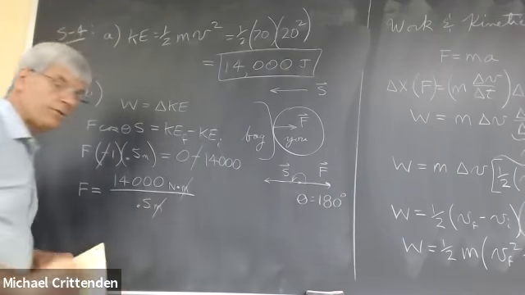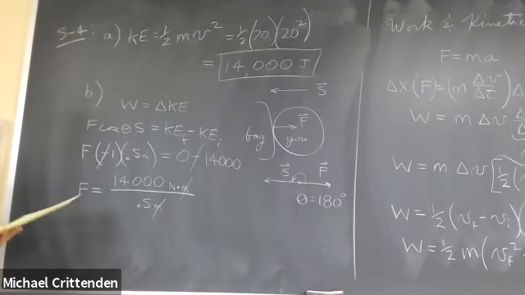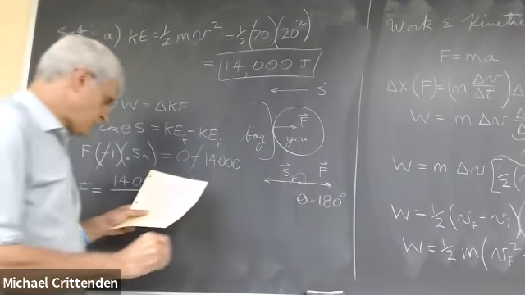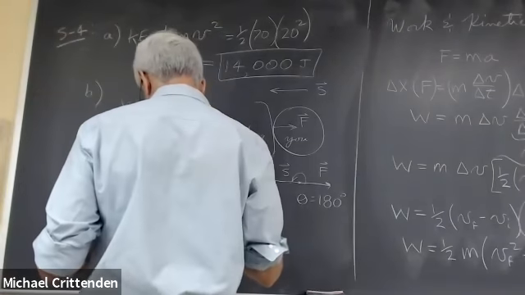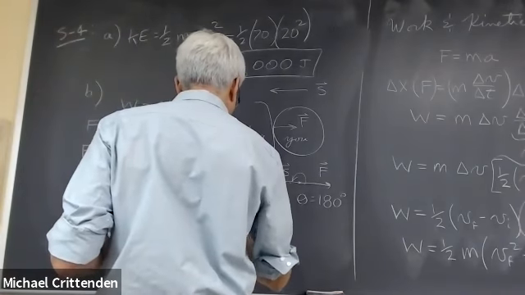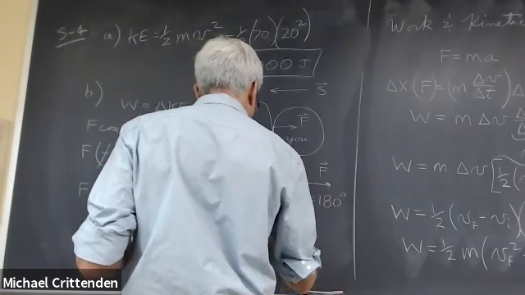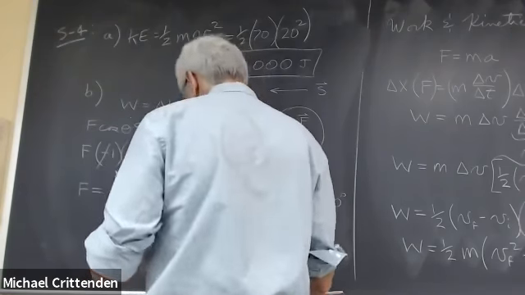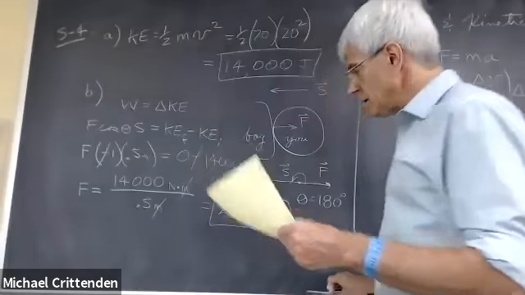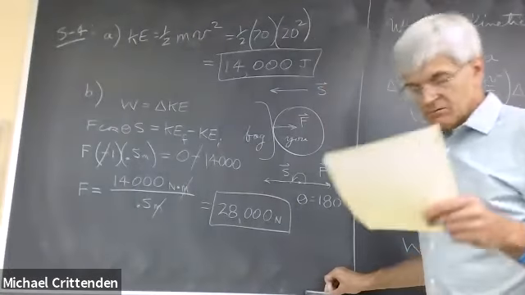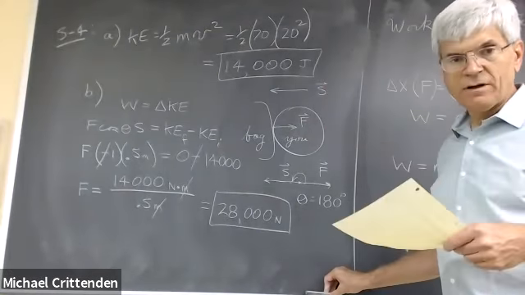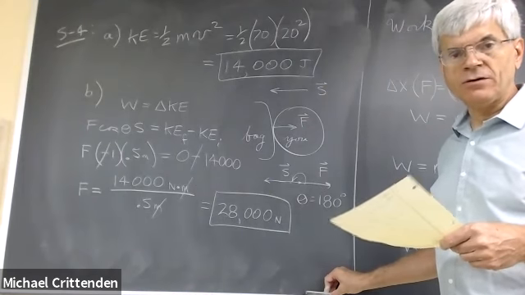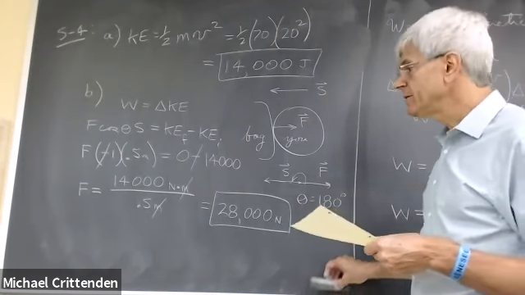So meters over meters cancels out, and the force comes out in newtons as it should, 28,000 of them. Roughly 6,300 pounds, so approximately 3 tons.